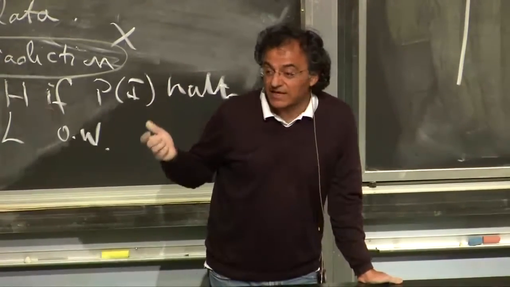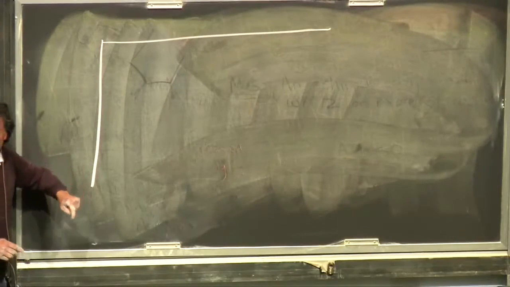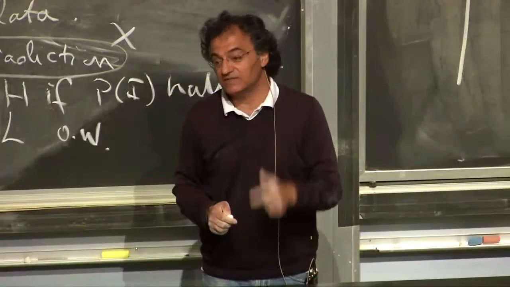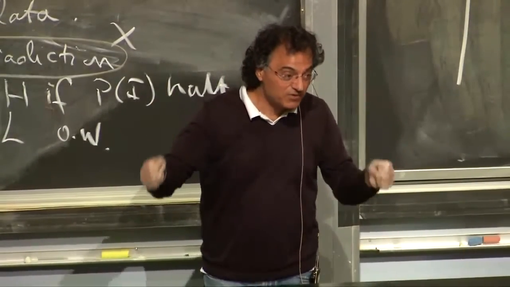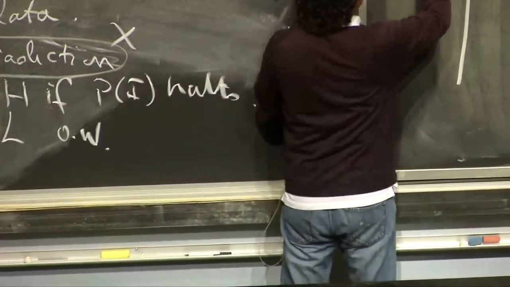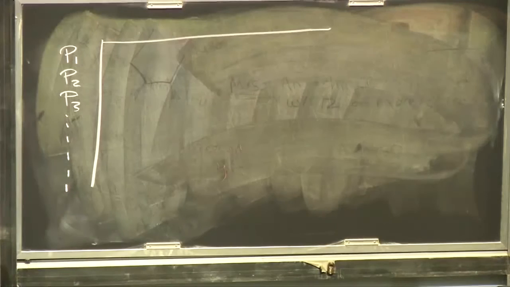So there's no more than countably many programs, which means we can say what's the first one, what's the second one, the third one, and so on, because there's a one-to-one correspondence between the programs and natural numbers or positive integers. So we write them down: P1, P2, P3, and so on. That's all possible programs. There are infinitely many of them, and we just write them down in sequence.